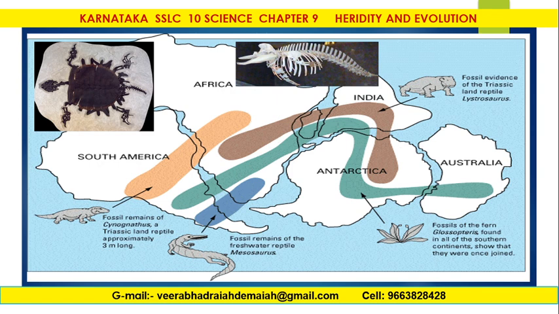And fossils of the fern Glossopteris are found in all of the southern continents, showing that they were once joined. This is the evidence of fossils and geography. This is the continental drift of the ancient origin of Earth, my dear friends.